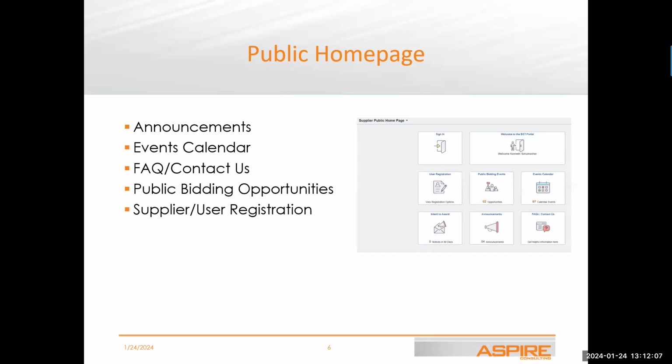We're going to look at that in a minute. They can also request new user IDs if they're already a supplier with you and they want to log in to get into your portal. So this is a pretty basic front end page with some details that are public facing that allow you to look at some information before you sign into the secure side.